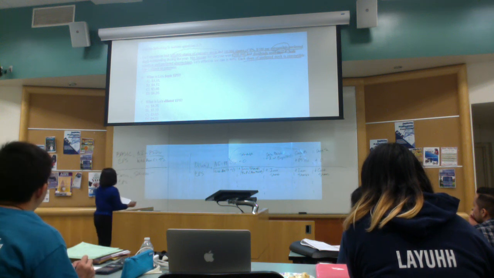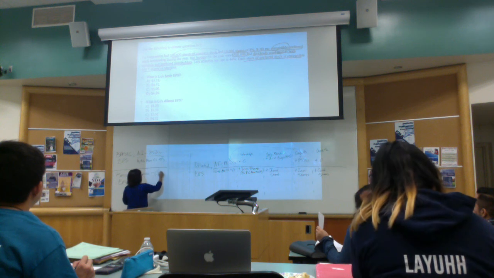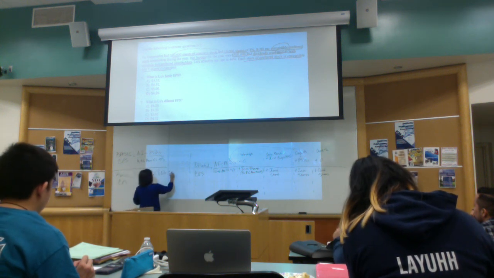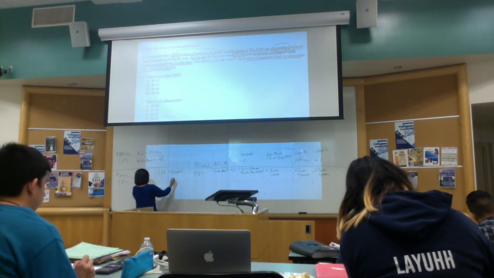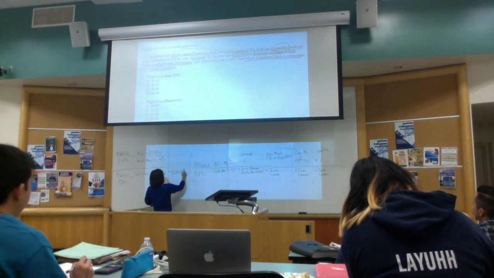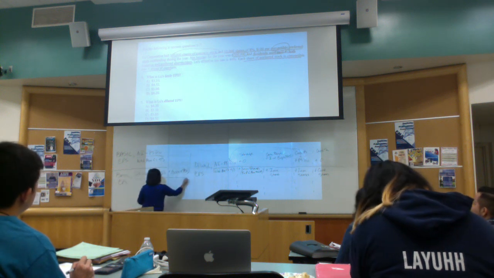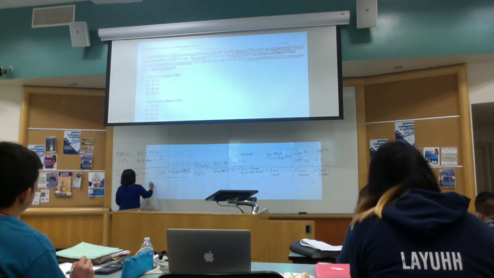So then the preferred stock dividend is going to be what? The 8% times the 10,000 times 100, divided by 100 times.